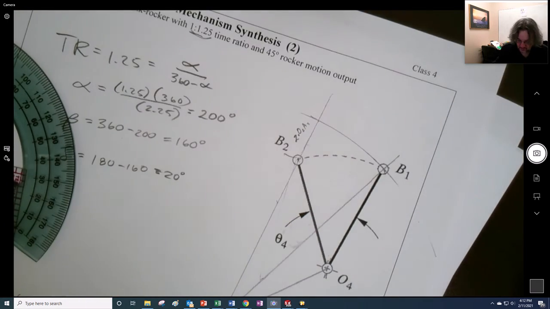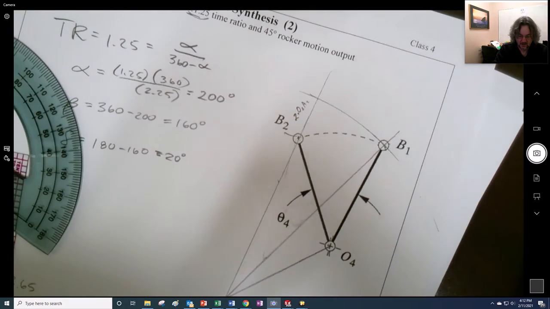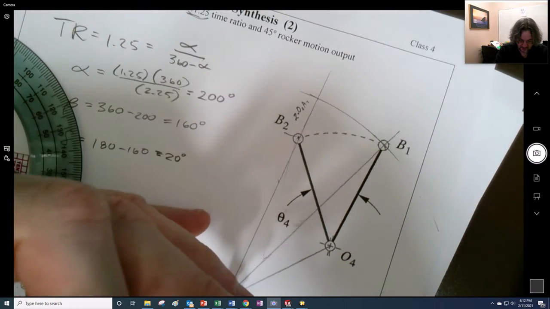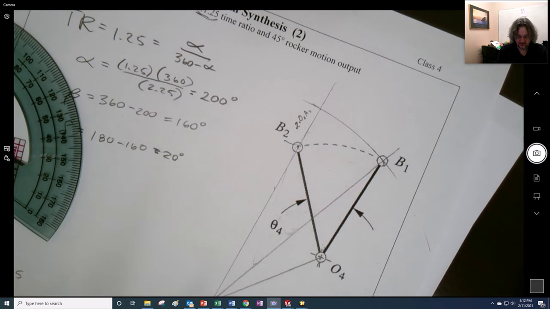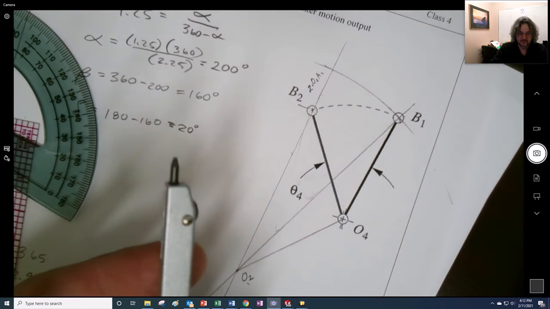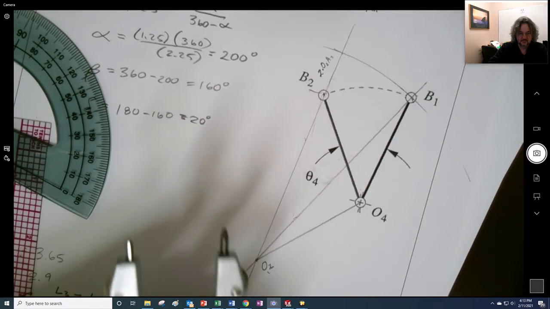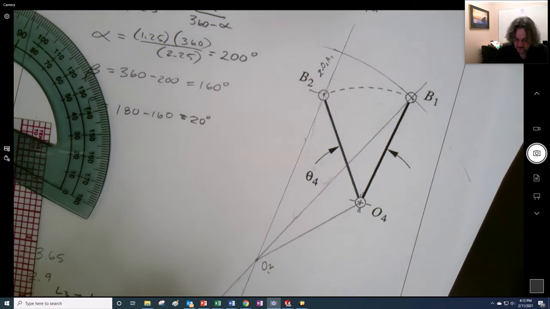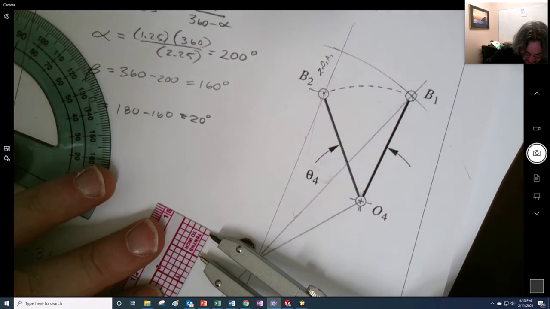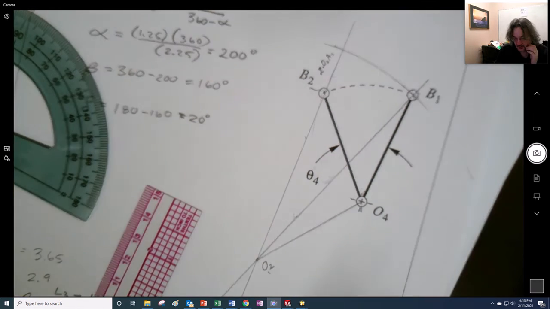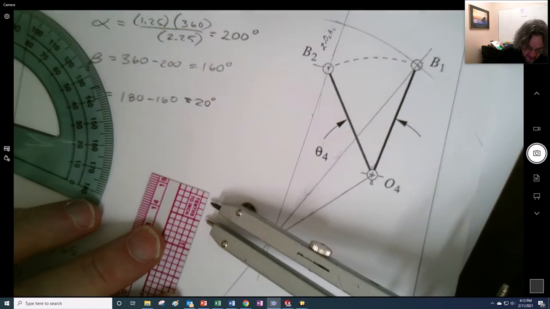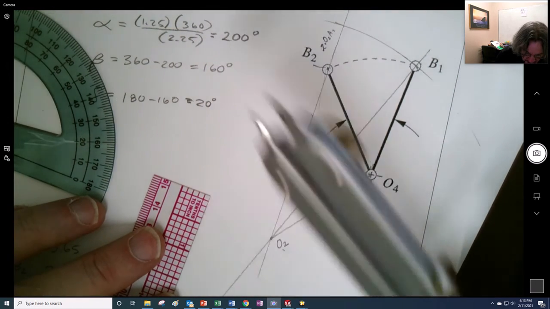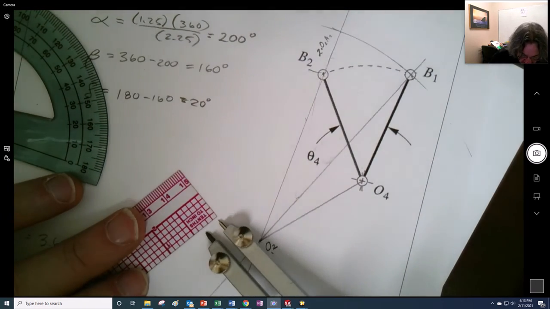So we want to do here, and the trouble is this is pretty small. That's pretty small for 0.375. This 0.375 is pretty small for this compass.